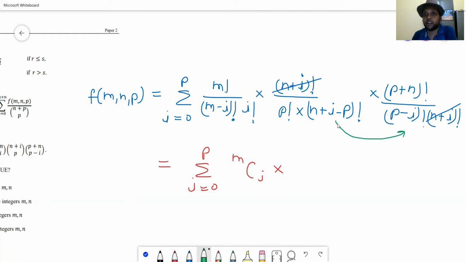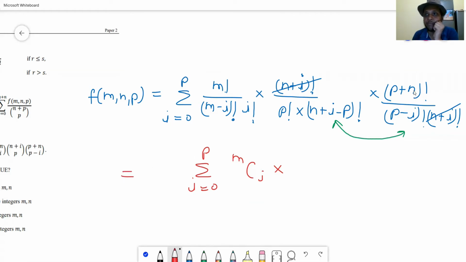Think about it. If somehow we had n factorial in the numerator, then this is nothing but nC(p minus i), right? Because p minus i would be here, and n minus (p minus i) is nothing but n plus i minus p. So what do we have here? Let us just rearrange these terms.